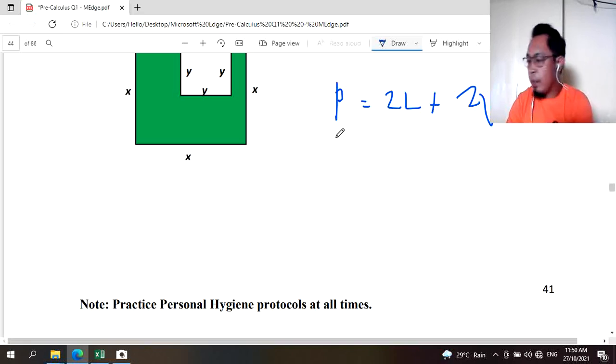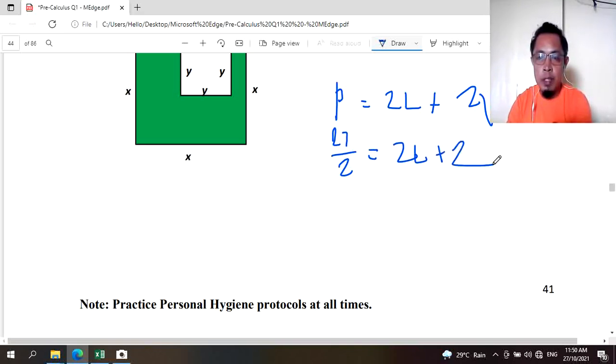But the perimeter is already given, that is 27 over 2. Okay, so we have 27 over 2 is equal to twice of L plus twice of W. So we have the first equation here.